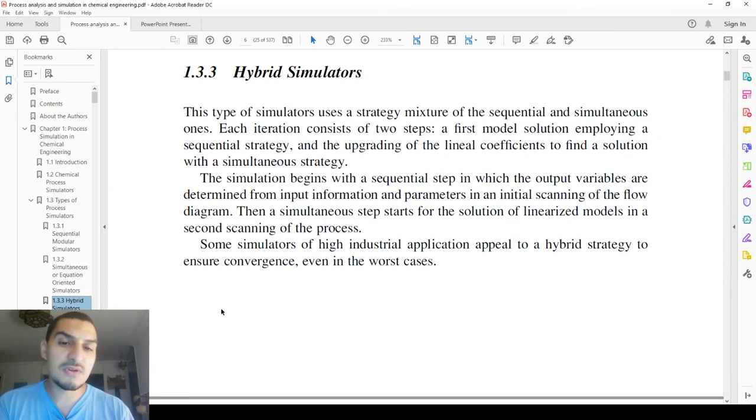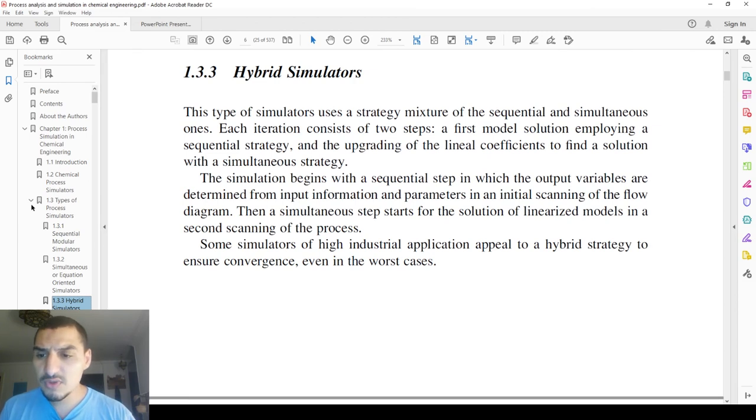And this depends on how the software sees the system, and how it understands that this part of the flow sheet can be solved easily with the sequential strategy, and let's do it like this, and then do the rest of the flow sheet the other way. And this is more in the industrial software that is only available for those working in these companies, or whatever the place.